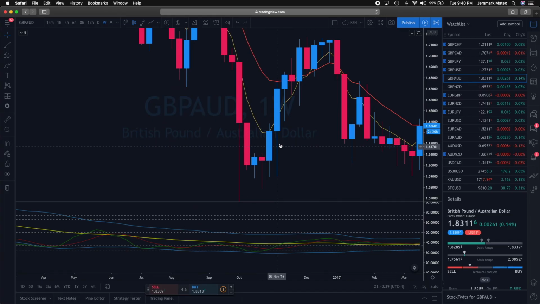This right here would be like a modified version of a star pattern, because you basically have 2 dojis and then an engulfing on either side of it. Okay? But this right here is a reversal. You see this? And then look at that pullback that you have, 400 pip pullback, and then straight up. This goes up 800 and some odd pips.